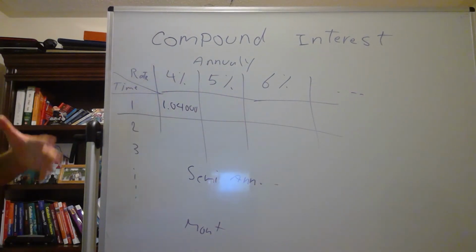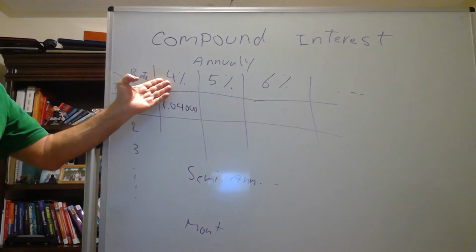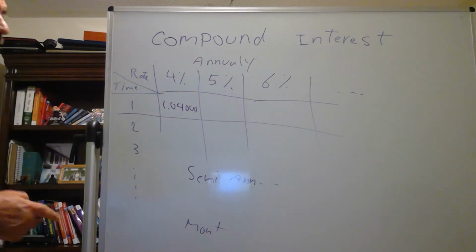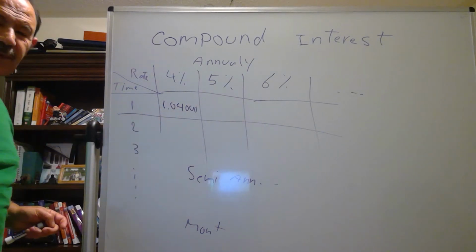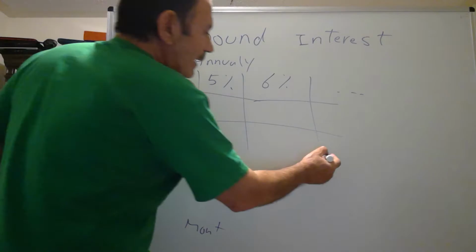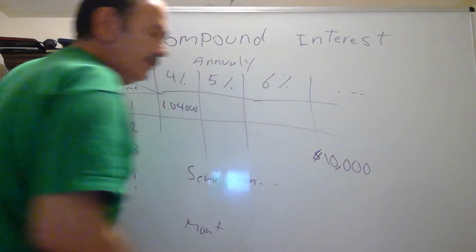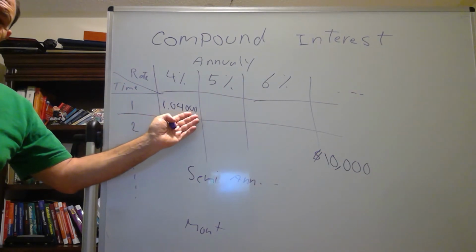It means if I invest $1 with a rate of 4% annually, at the end of the 1 year I will receive $1.04. Now, instead of $1, if I invested $10,000, for $1 I should receive 1.04000.